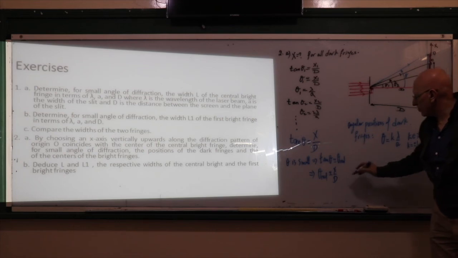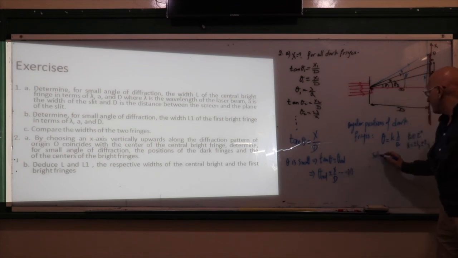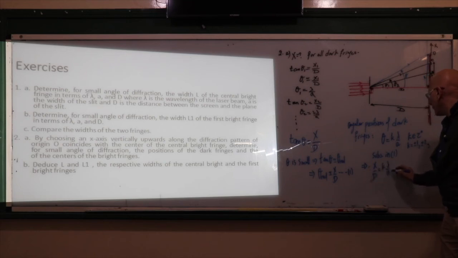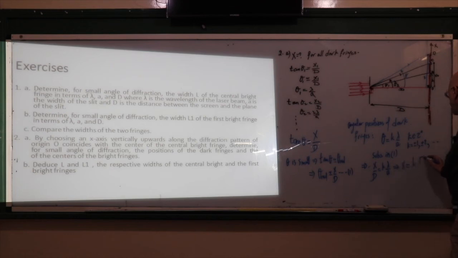So substitute here. If I call this equation 1, substitute in 1, this implies X over D is equal to k lambda over a, which gives you X equal to k D lambda over a, where k is these numbers.